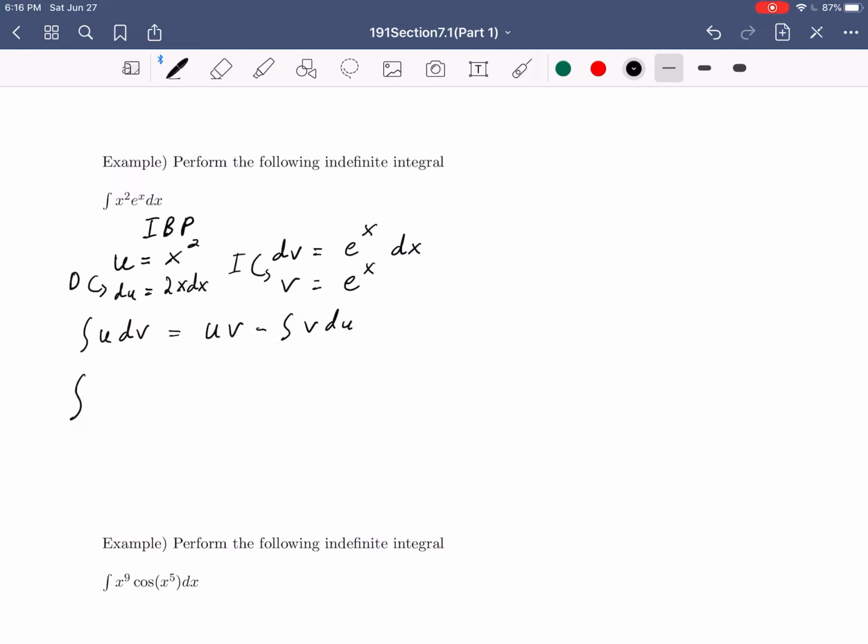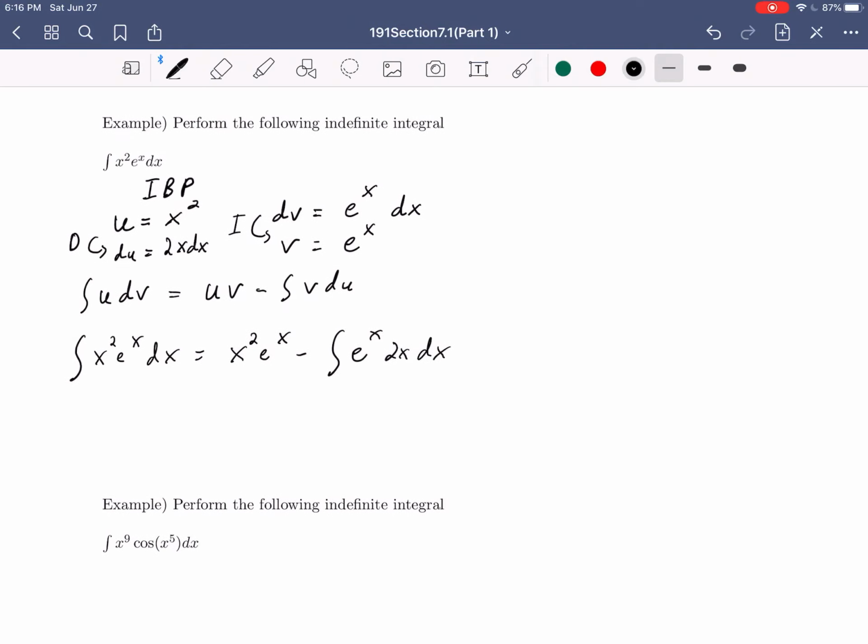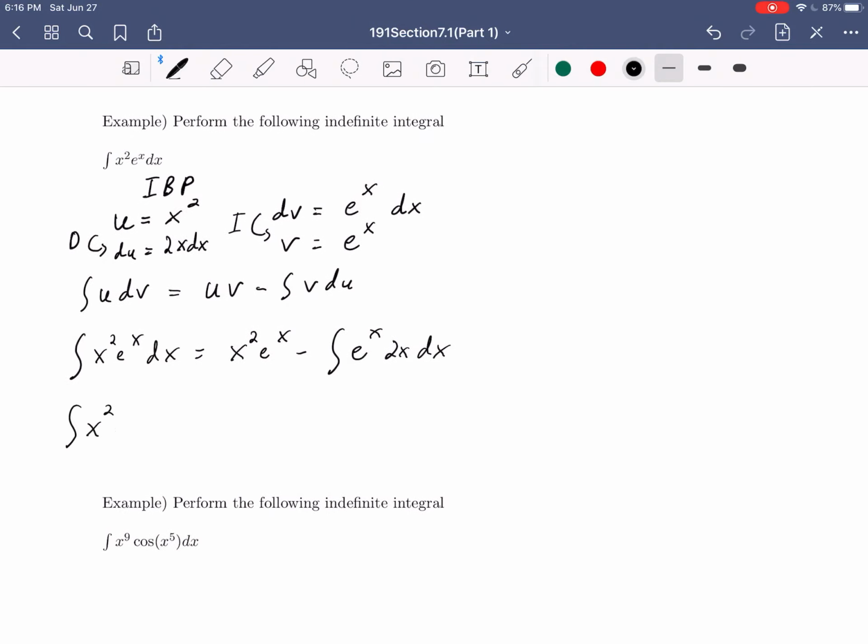So we get the integral x squared e to the x dx, that's the integral we're trying to do, equals uv, so x squared e to the x, minus the integral v du, so it looks like e to the x 2x dx. Let's do a little simplification. That's x squared e to the x dx is equal to x squared e to the x minus, I suppose, the integral we could write as 2x e to the x dx.